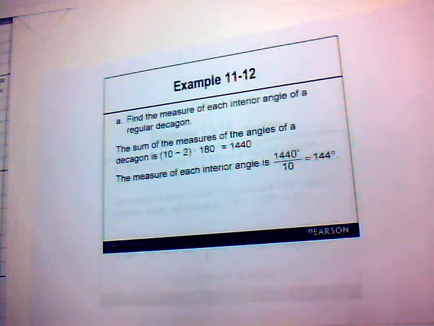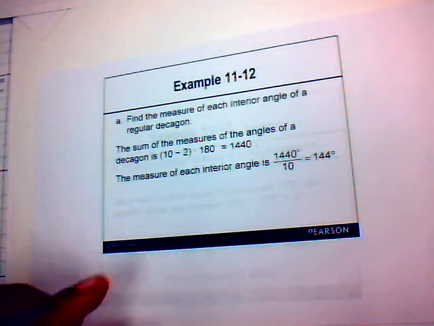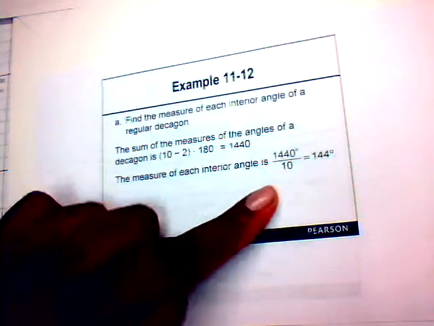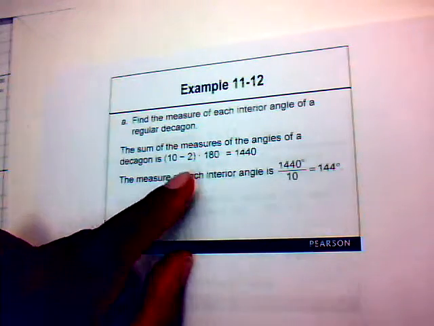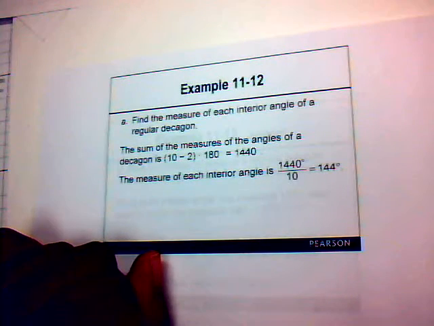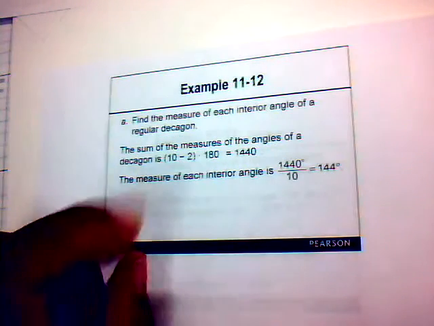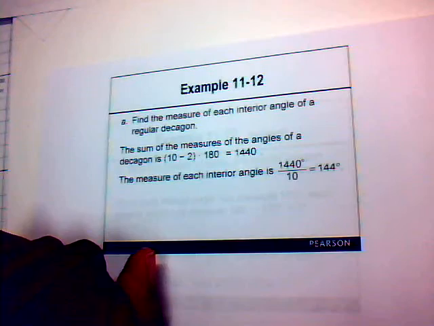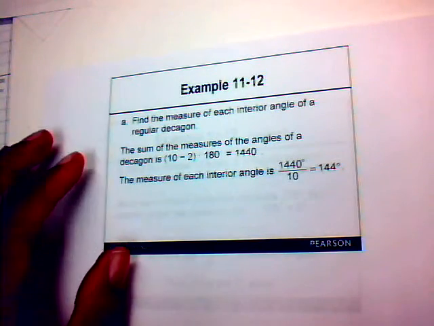So that's the sum of the measures of all the angles in that decagon, 1440. And it's a regular decagon with 10 sides, so take 1440 and divide that by 10 to find the measure of each of the interior angles. So each interior angle measures 144 degrees.